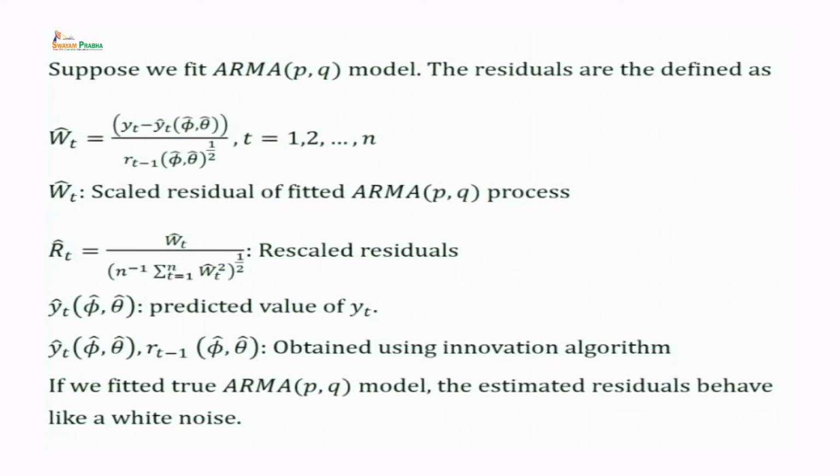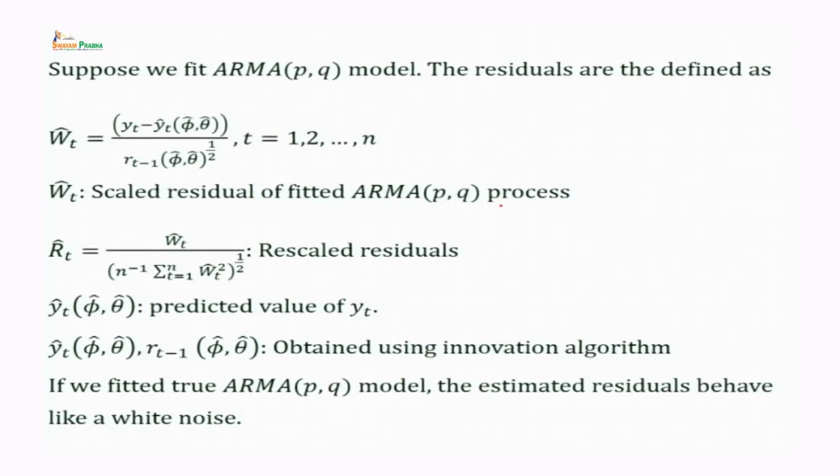These may be least squares estimators or maximum likelihood estimators. Then we divide it by r t minus 1 (phi hat, theta hat) to the power half, and then W hat t is actually the scaled residual of the fitted ARMA(p,q) process.